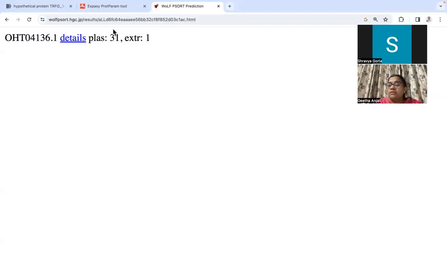Likewise, you will have to analyze and try to understand the subcellular location of the target proteins that I am giving you. That part you should understand.